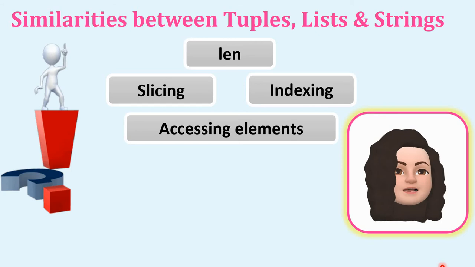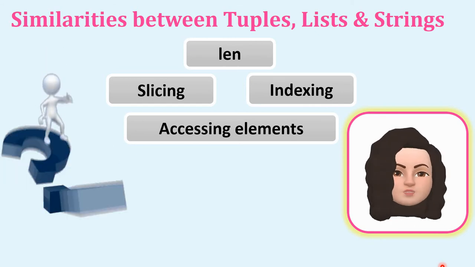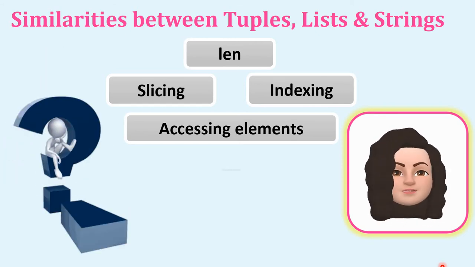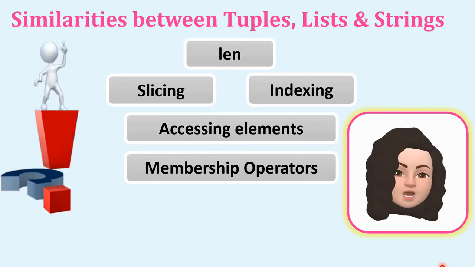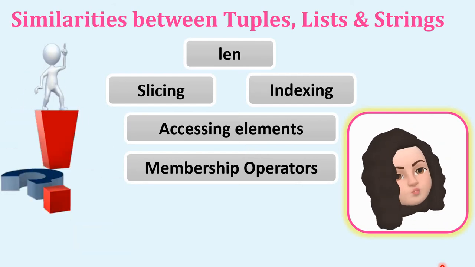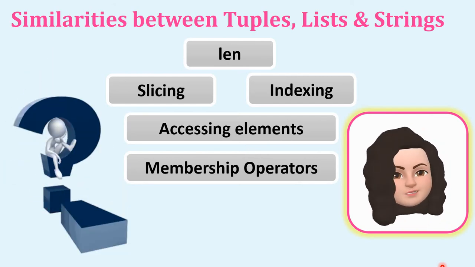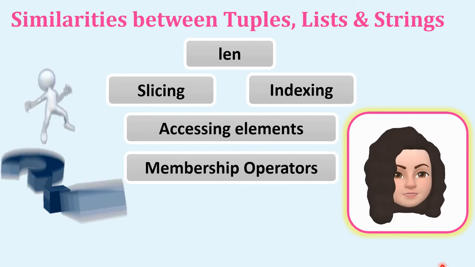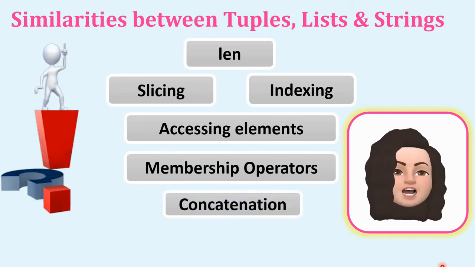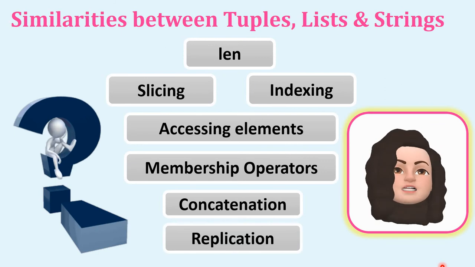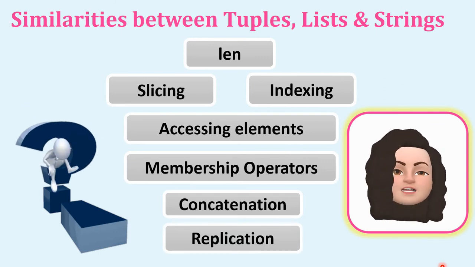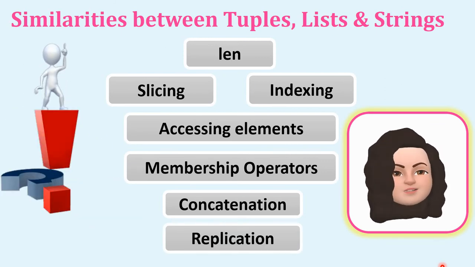These are all same in list, tuple as well as string. Then the membership operators in, not in are used in list, tuple as well as string also. And then concatenation operator, replication operator. So these are the similarities among tuples, list and string.